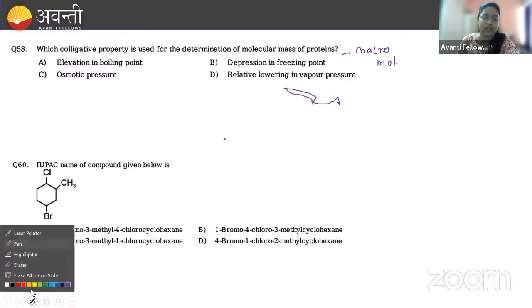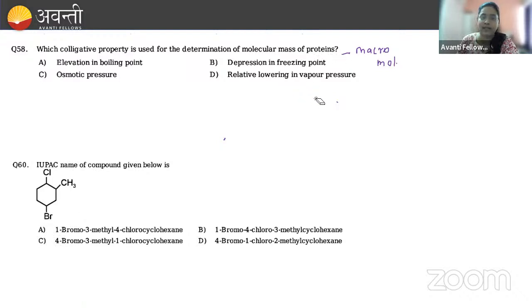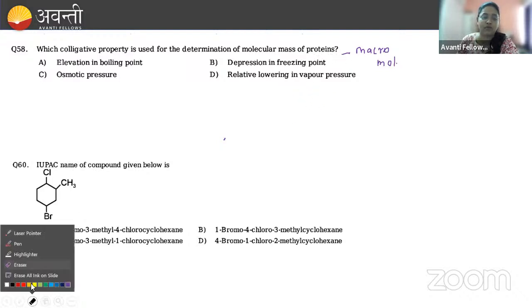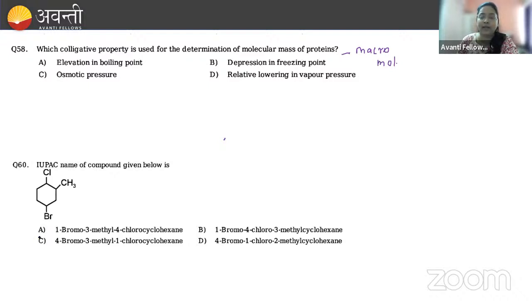The other three colligative properties, except osmotic pressure, are applicable for small molecules. Since proteins are very high molecular weight components, osmotic pressure is the colligative property which is used for the determination of its molecular mass.